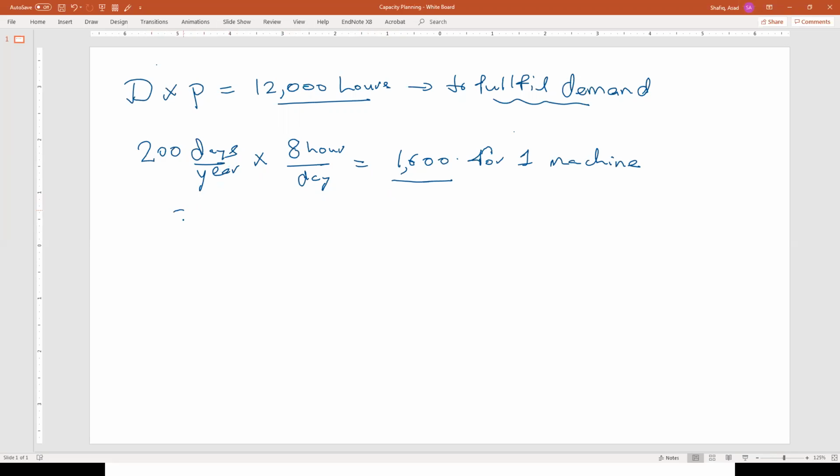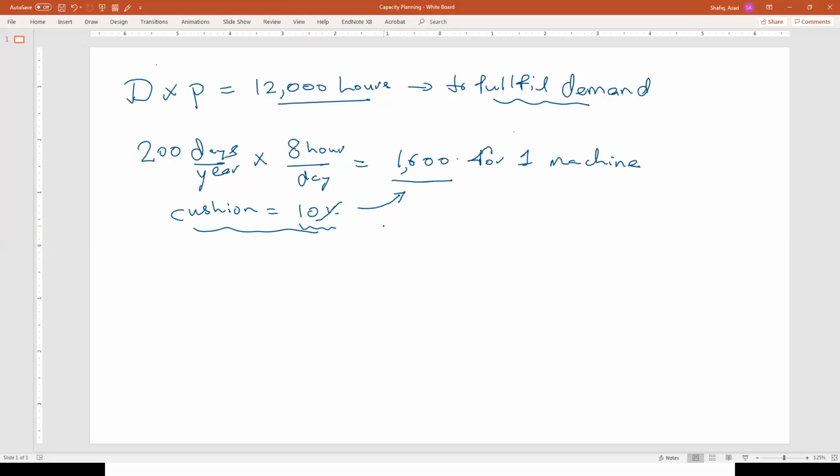So in this problem, the cushion that we said we will keep is 10%. So keeping a cushion of 10% means that even though we have 1,600 hours available, we will keep 10% of those hours separate as a cushion.